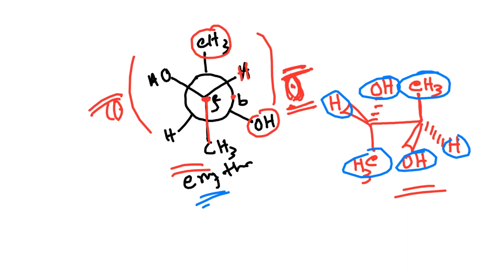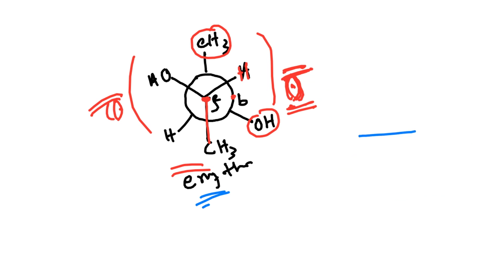In the other way we can say, so I just erase all these things. You don't have to put your eyes here or there, you just draw a line. So you just look at your right hand side once and you put the CH3 above, then you put the other CH3 below by looking at the left hand side, and then just look whether your OH at the right hand side is below or above.